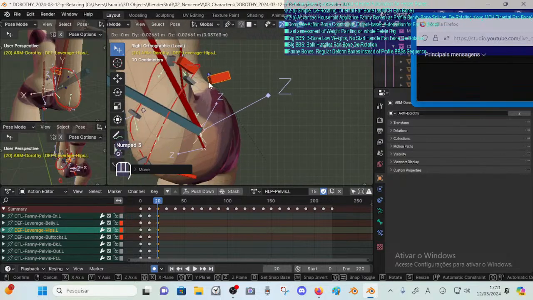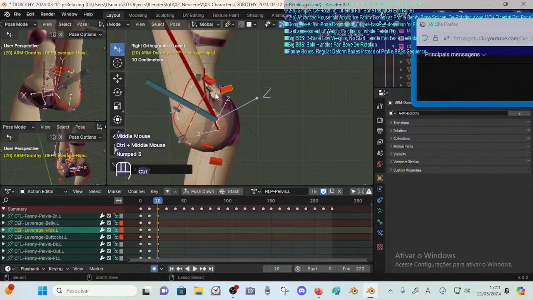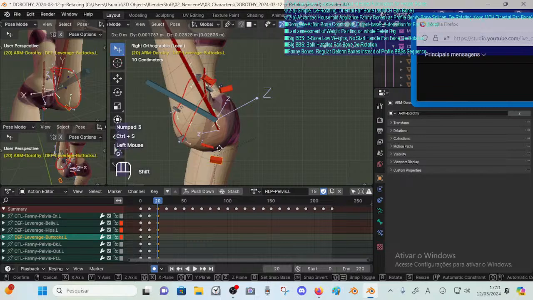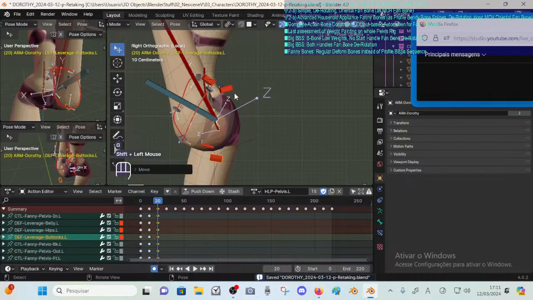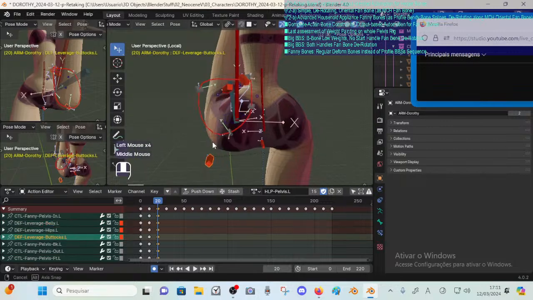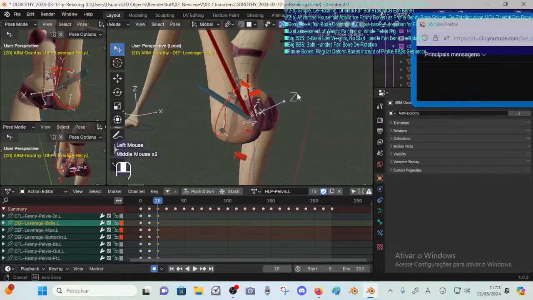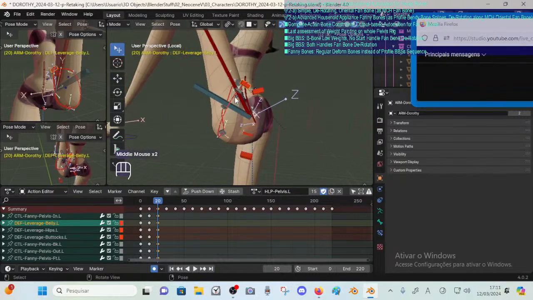Let's try. Okay, so this was good. I didn't need to create a new bone there. These are regular deform bones, by the way. Just this, because this will control the side. I hope I don't have to split it again.